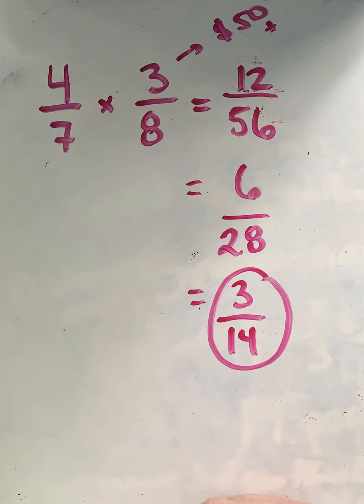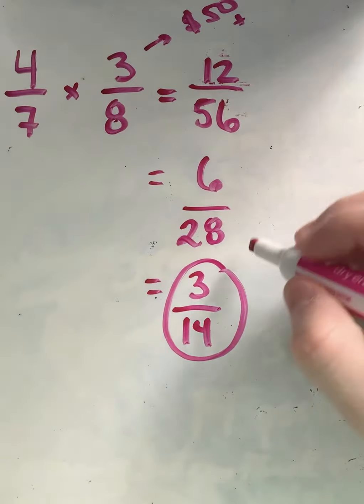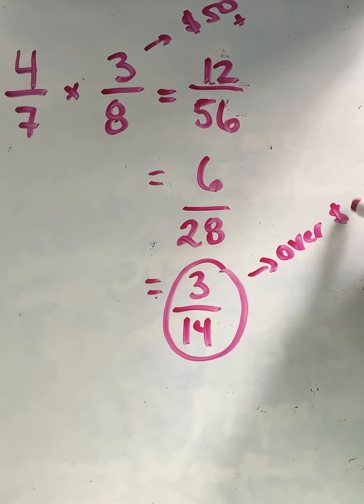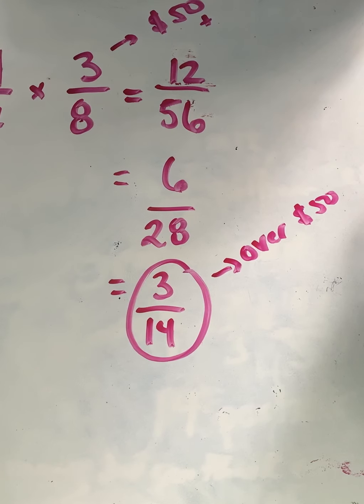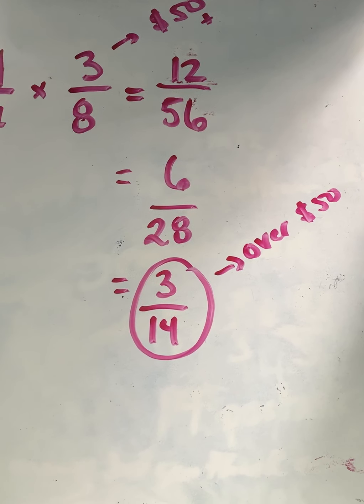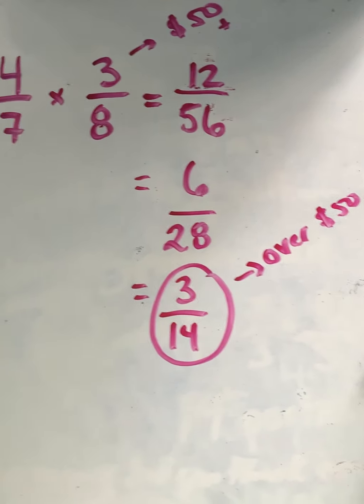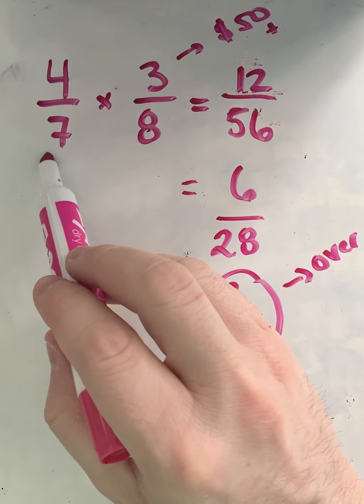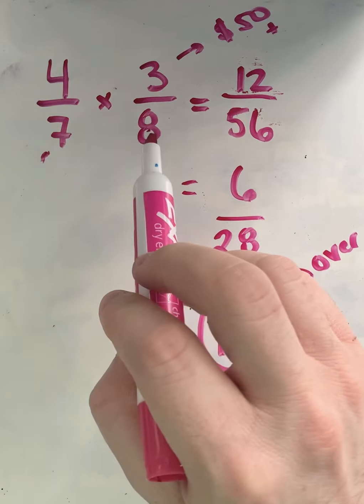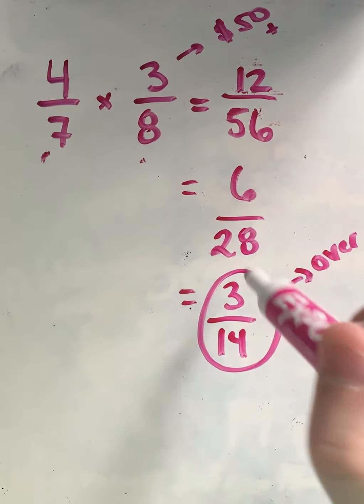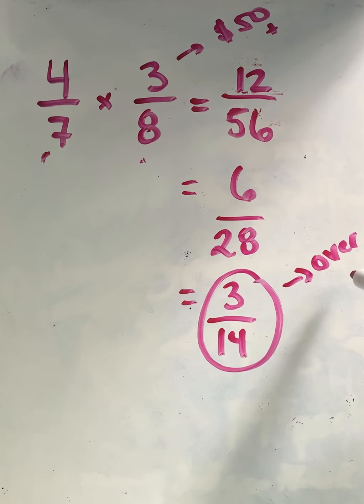That means the next part of it is, what fraction of the class raised less than $50? So if this is what our over $50 is, all we're thinking about is to figure out who raised under $50, right? Because think about this again. We went to the amount of kids who donated, and we're looking for the amount of kids who raised $50. And that came out to 3/14. That was over.